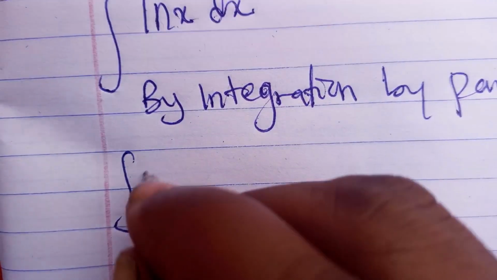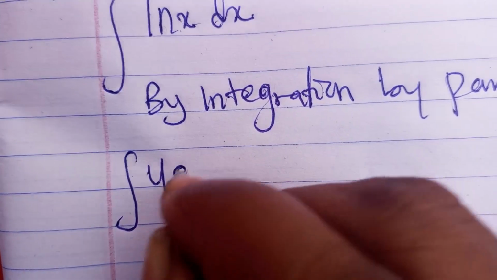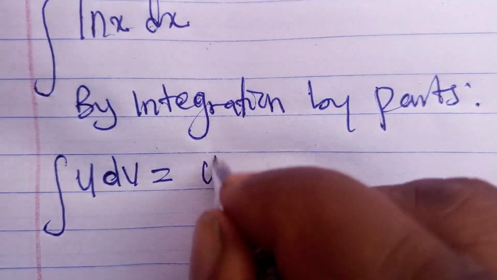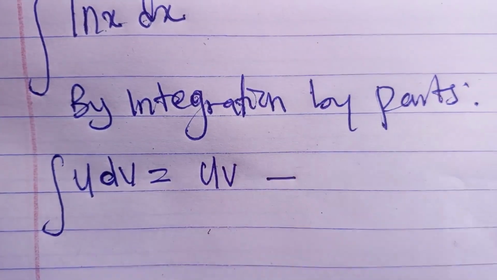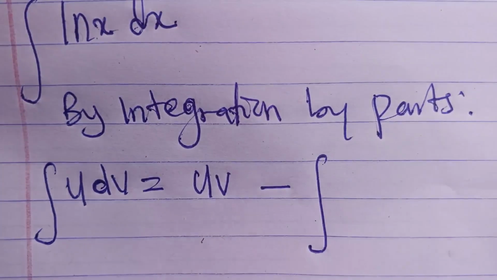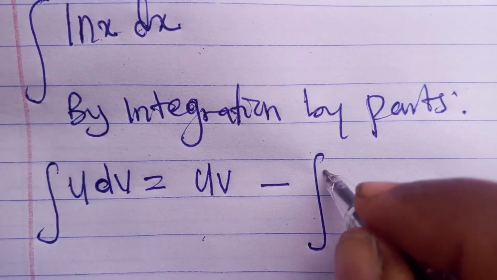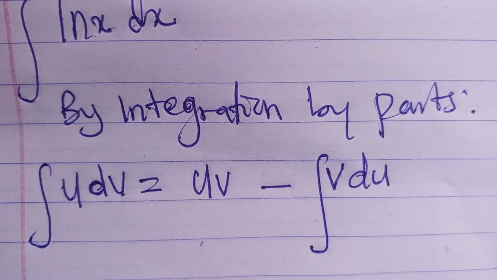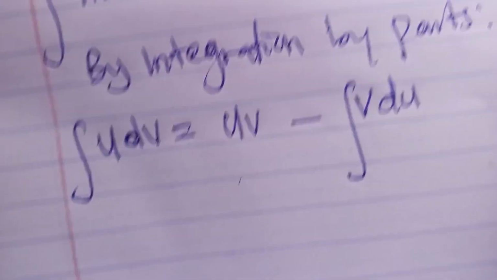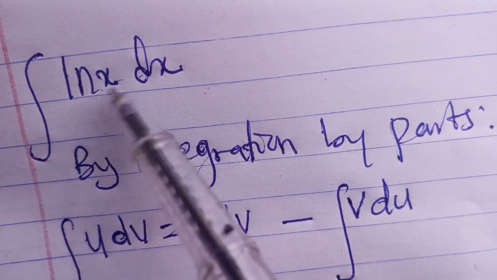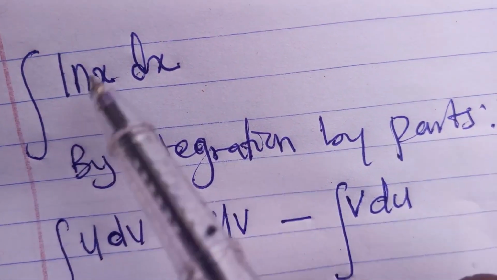the integral of u dv equals uv minus the integral of v du. We're going to choose our u to be ln x.